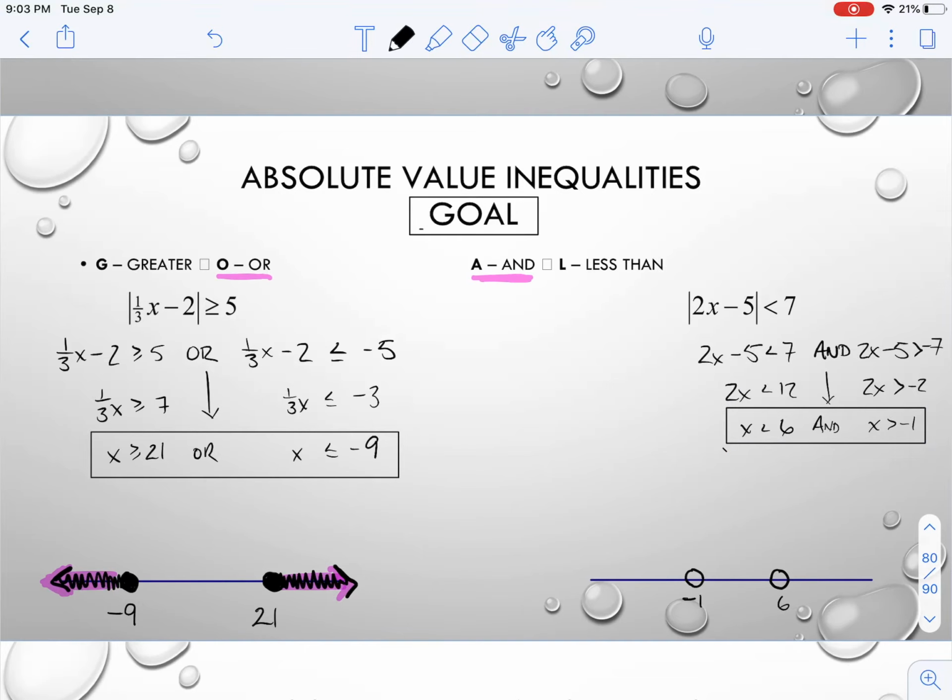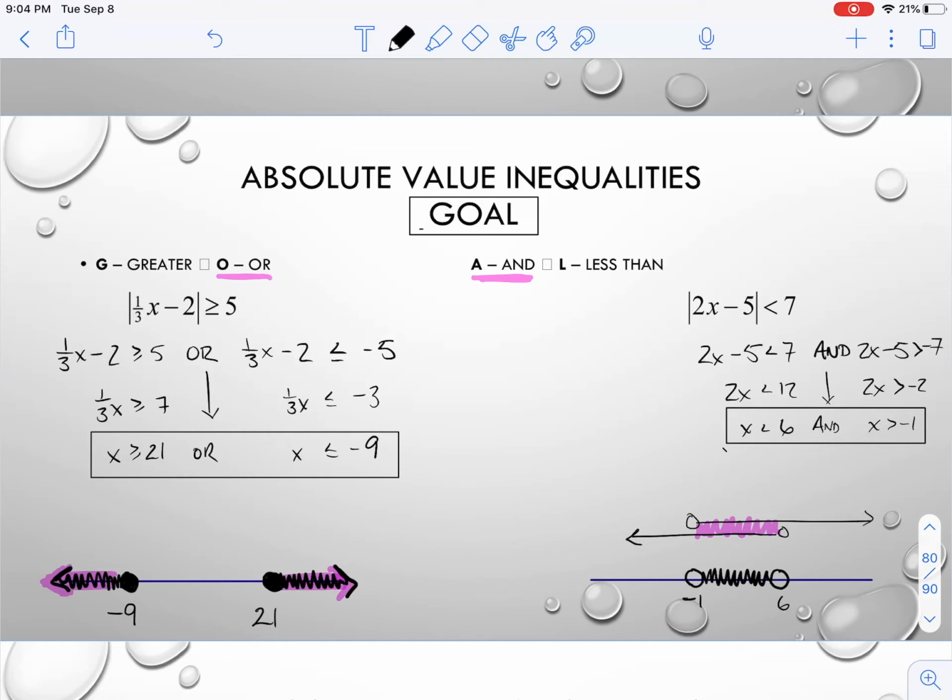So if I have the interval x greater than -1, I'm going to have all these values here. All the values x less than 6 are going to be here. So what I'm really looking for when I say I want the values in the first and the second inequality is that area of overlap where both inequalities are satisfied. So we're going to get that shaded region sandwiched in the middle.